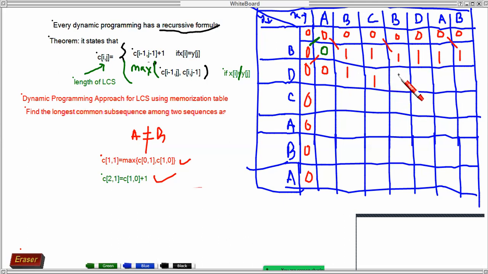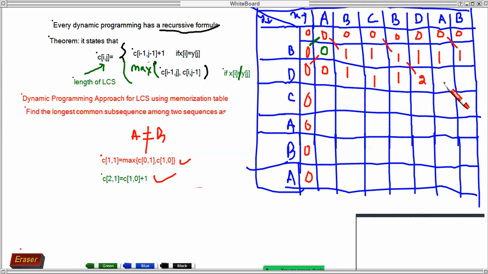Then D and B, it is also 1. But now D and D are the same, it is matching. Matching means you take this diagonal value plus 1. How much is it? 2. Are you understanding now?